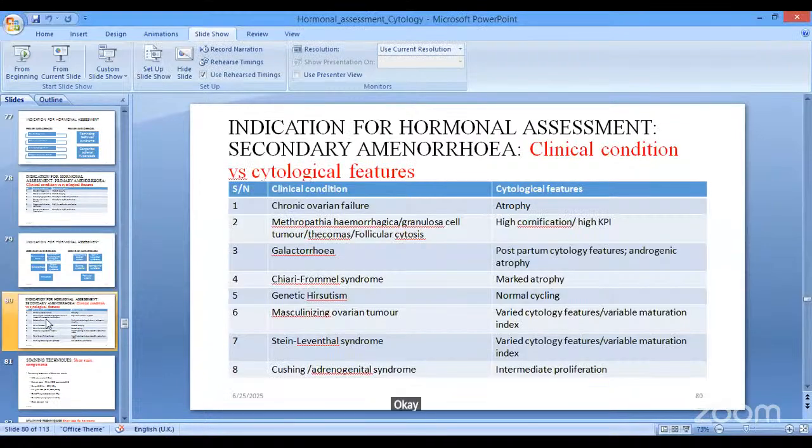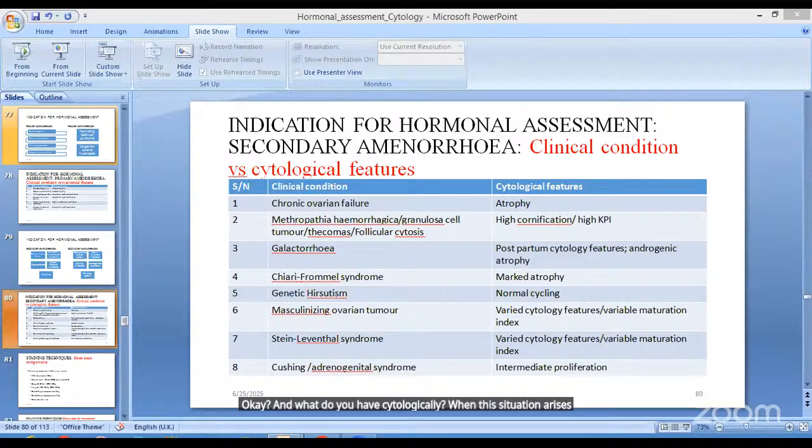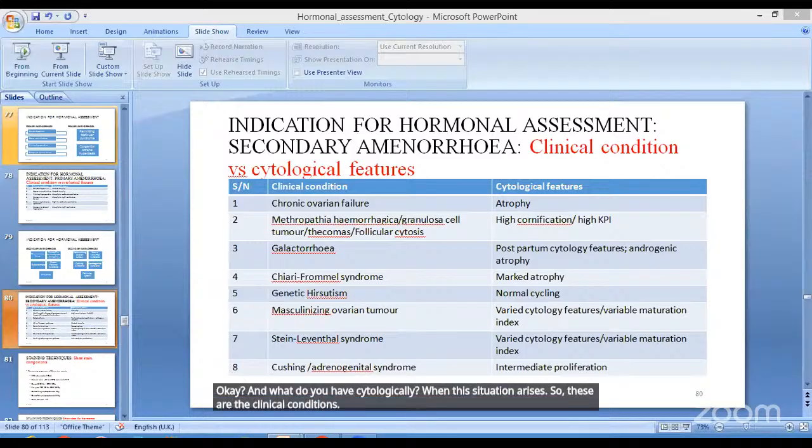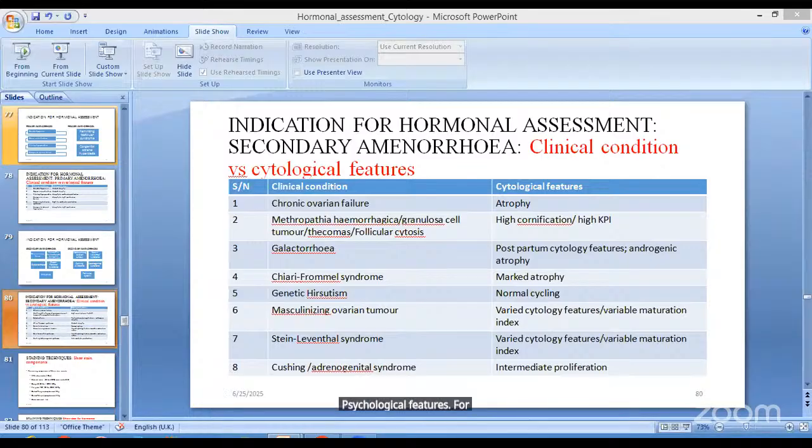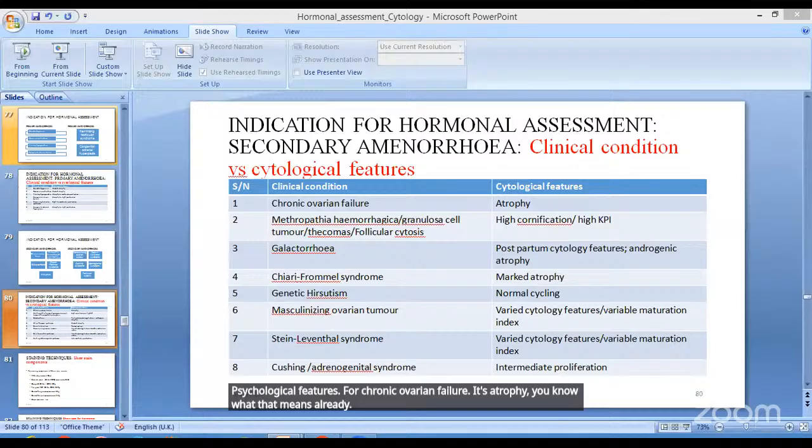And what do you have cytologically when this situation arises? These are the clinical conditions versus cytological features. For chronic ovarian failure, it's atrophy, and you know what that means already. Parabasal cells will predominate.